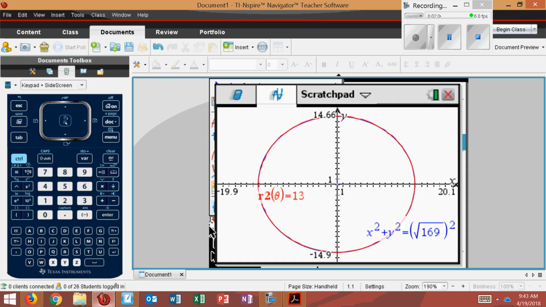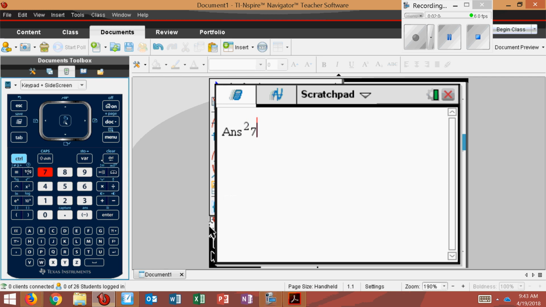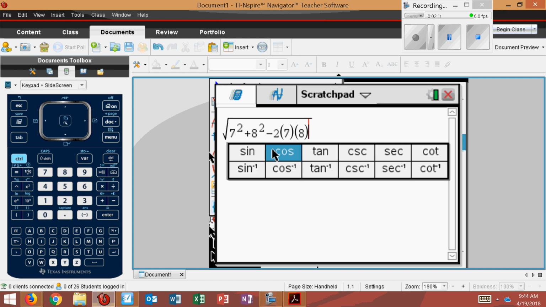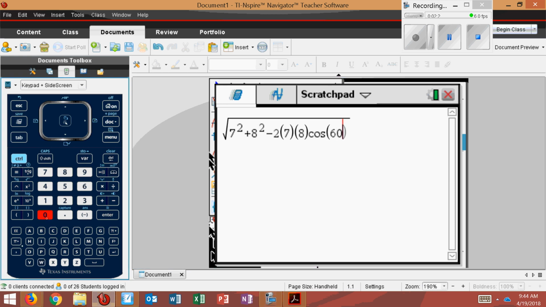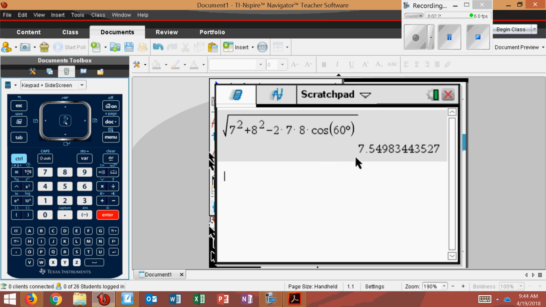So we'll have square root of 7 squared plus 8 squared minus 2 times 7 times 8 times the cosine of 60 degrees, and press enter, and that's my distance.